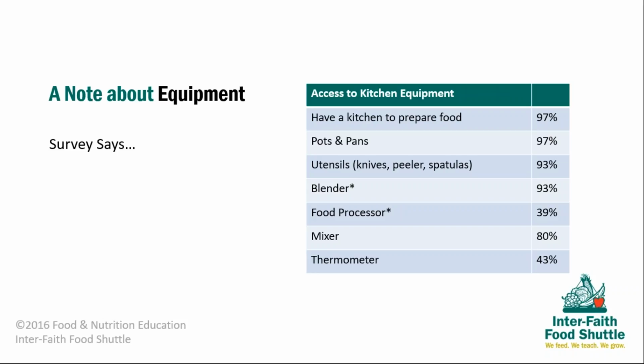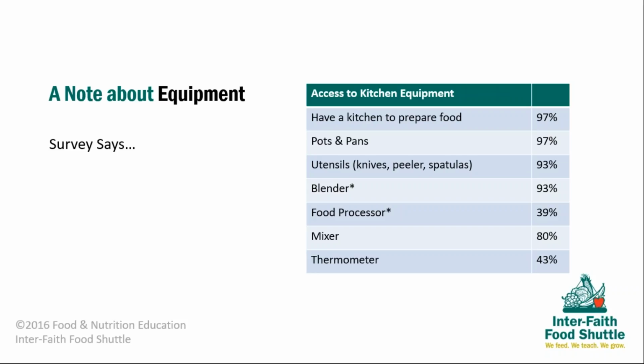I feel like it's a little high, and that most people that are low income probably do not have a food processor. So a lot of times if we know that a recipe that is inspired from something else does require a food processor, we will make some adaptations to it, but we will make sure that it works in a blender so that if all they have is a blender, they can still make it.